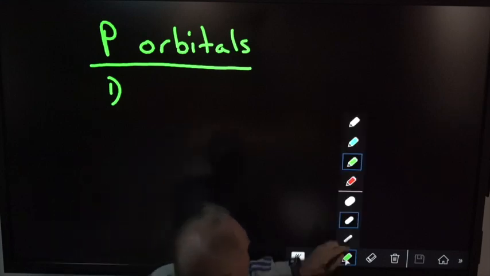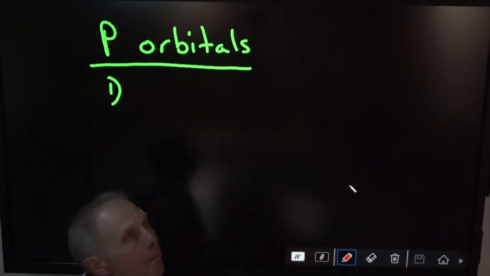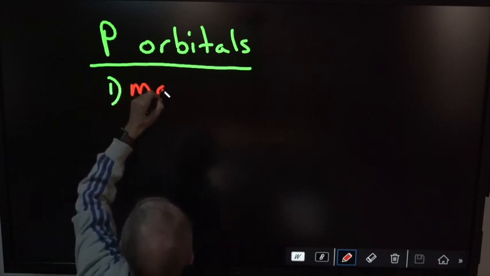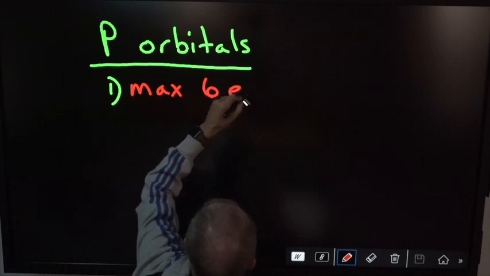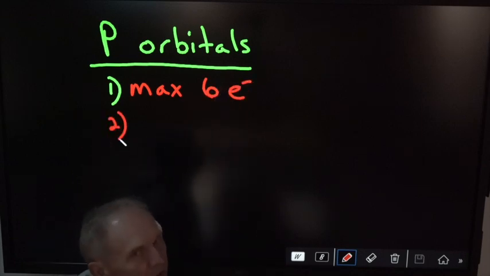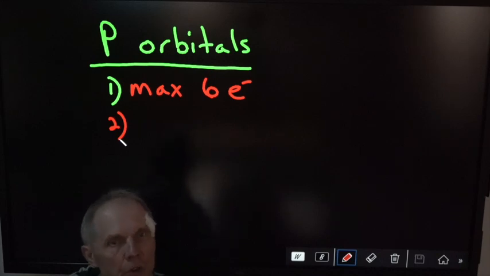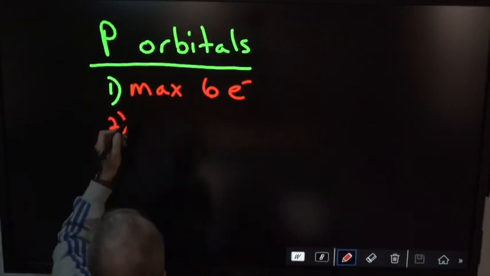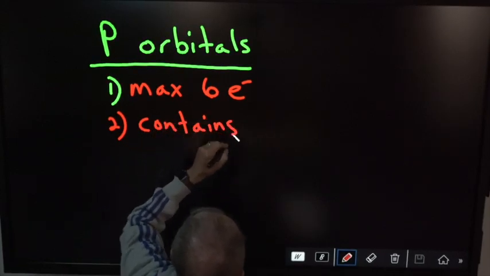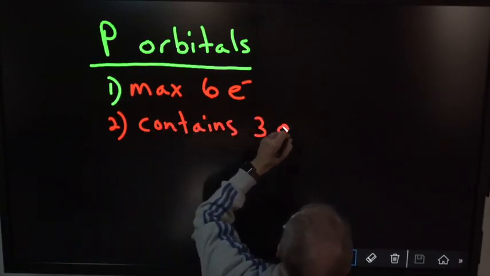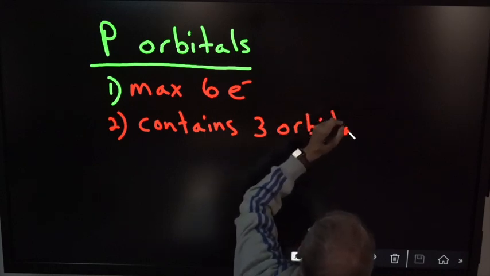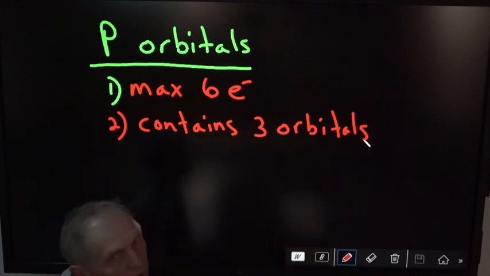Max 3 electrons. I'm sorry. Max 6 electrons. Number 2, if it's got 6 electrons and each orbital can hold 2, so this would contain three orbitals.